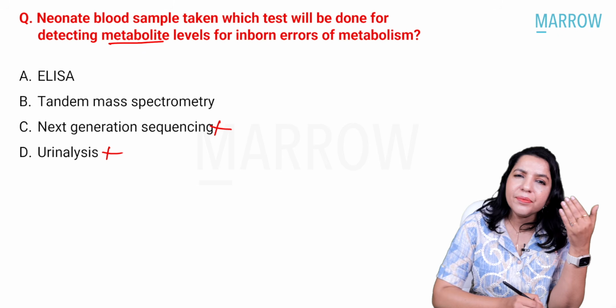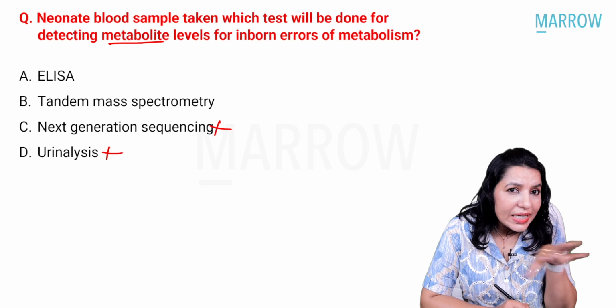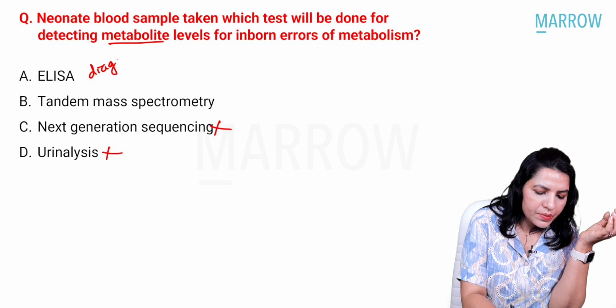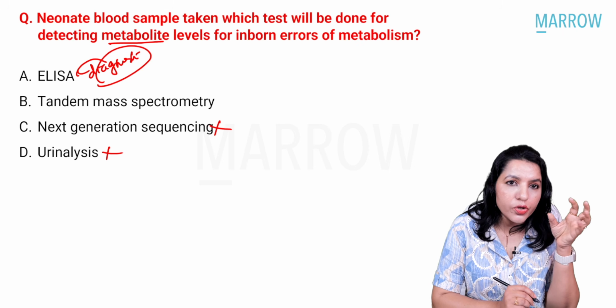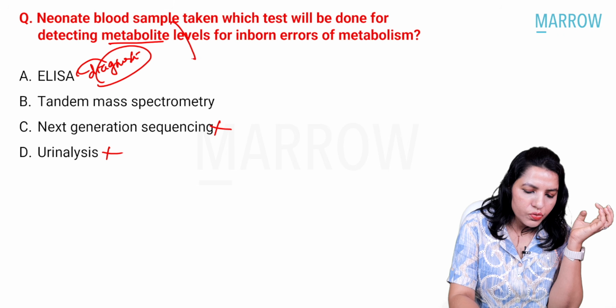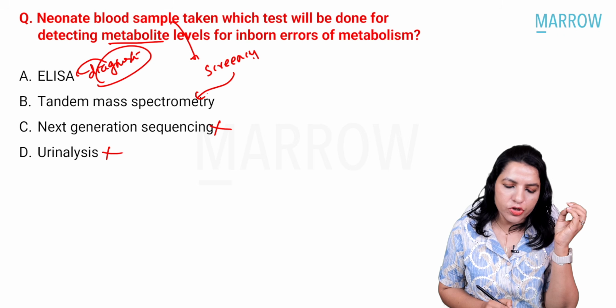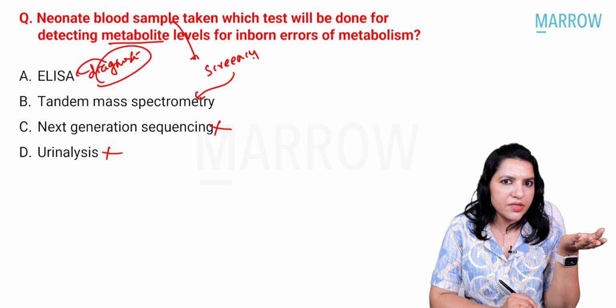ELISA can be a screening method, but usually we use ELISA for diagnostic purposes. Detecting a metabolite in a neonate sample is usually a screening test. For the screening test we can use tandem mass spectrometry, and ELISA, if it was there, I'm not sure whether ELISA was in the options.